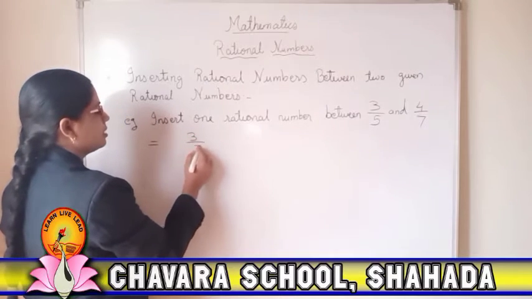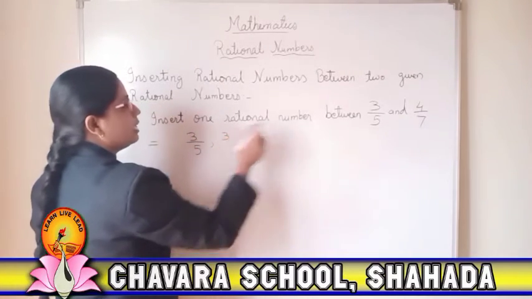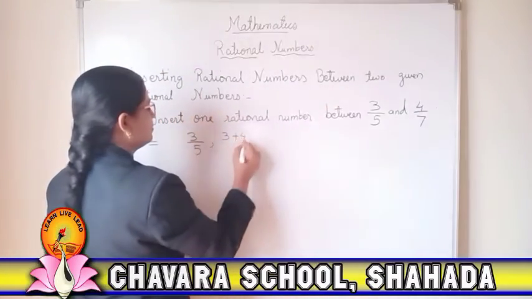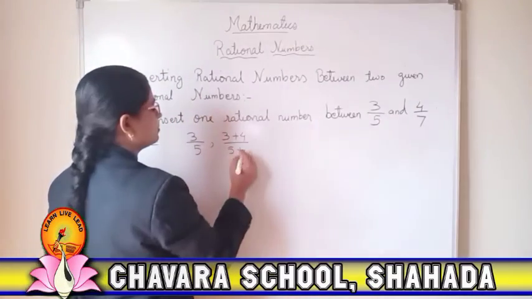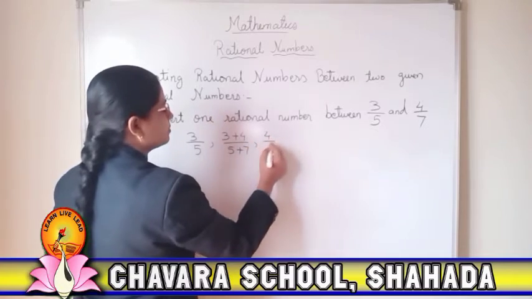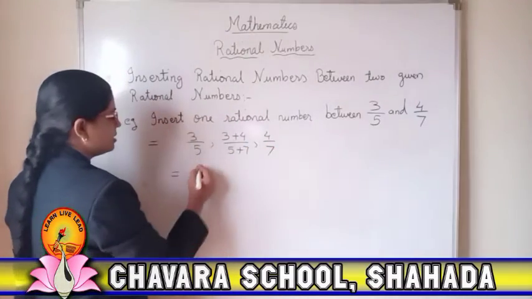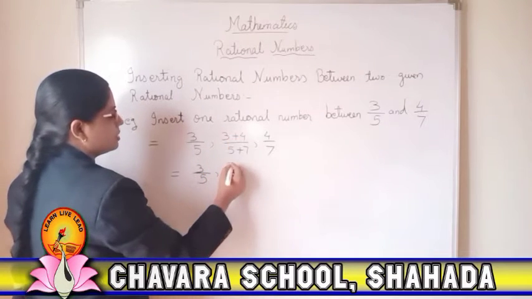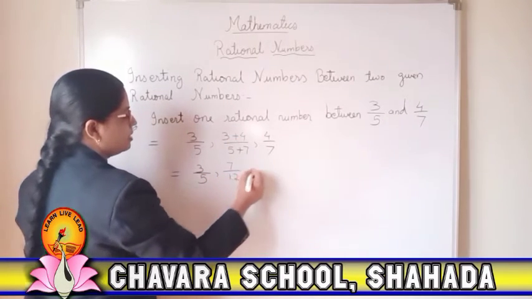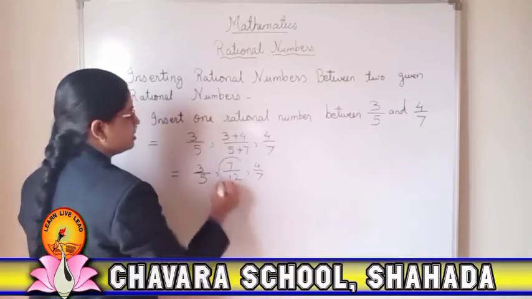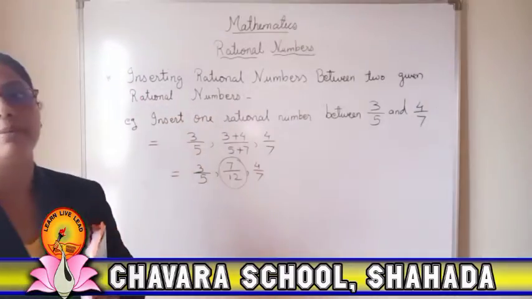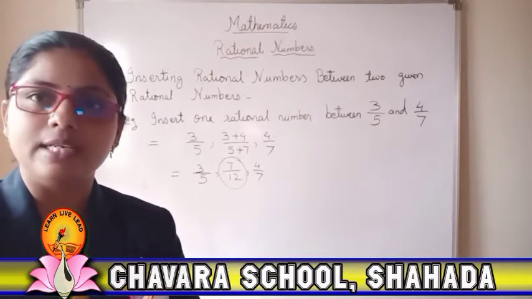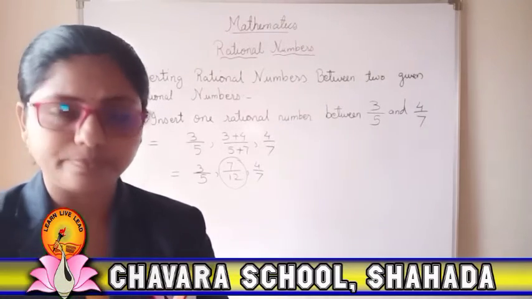Just add the numerators and denominators. So 3/5, 3 plus 4 is 7, and 5 plus 7 is 12, giving 7/12, then 4/7. This is the number I inserted between the two numbers. So you can insert 2 or 3 numbers as I have told.